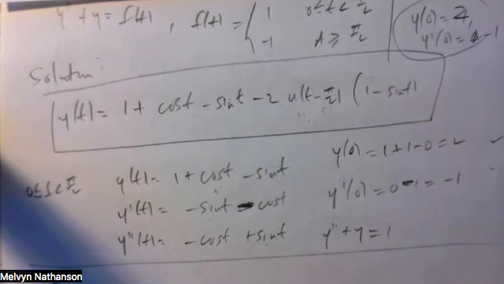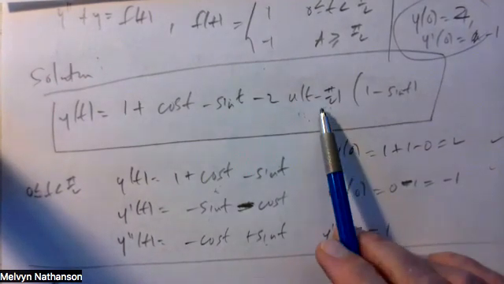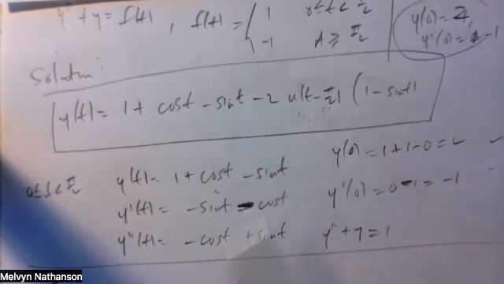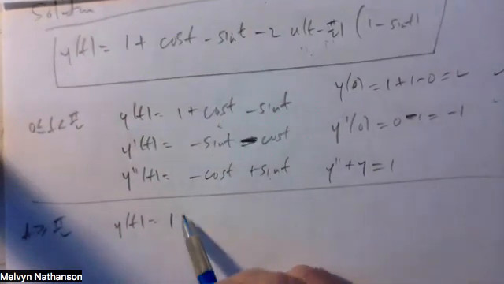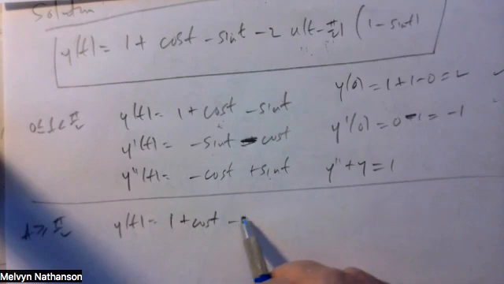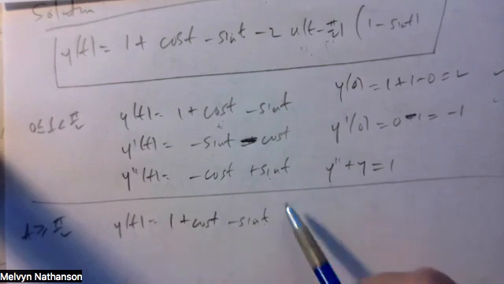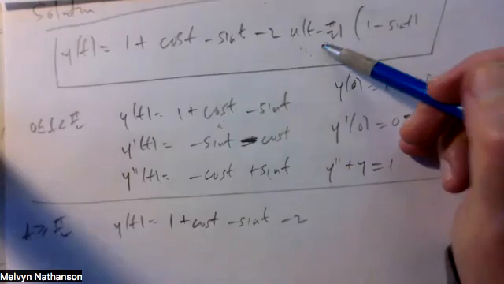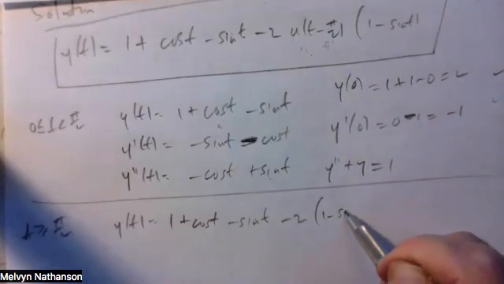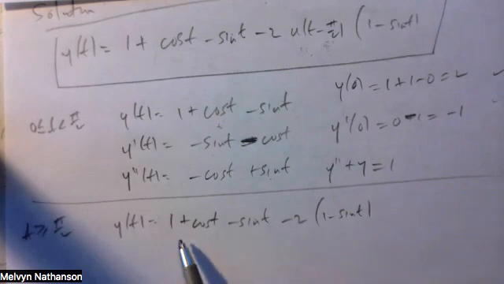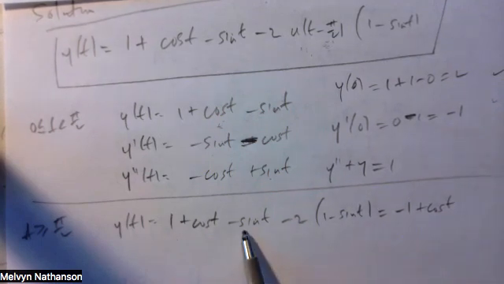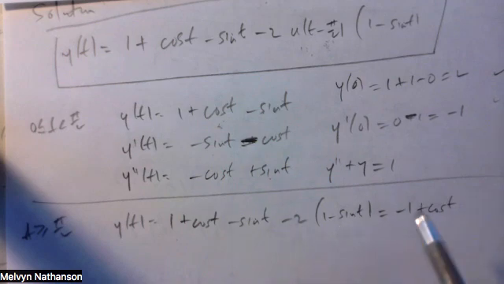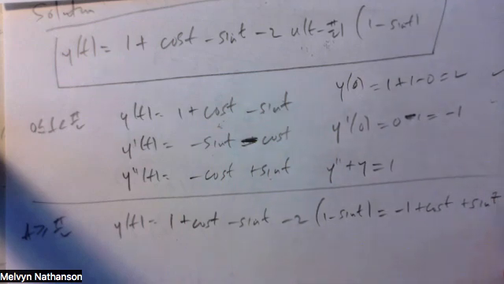And what about for t greater than or equal to pi over 2? When t is greater than or equal to pi over 2, the step function is 1. So my function y of t is equal to 1 plus cosine t minus sine t minus 2 times 1 minus sine t. So I have 1 minus 2, which is minus 1, plus cosine t, minus sine t plus 2 sine t, which is plus sine t.